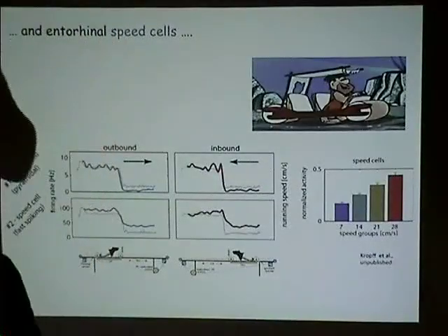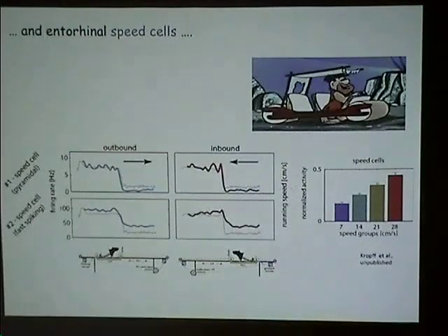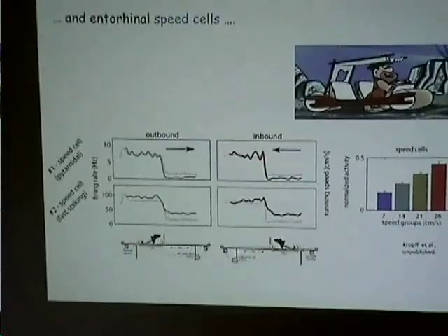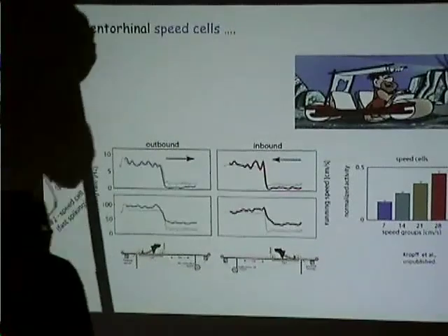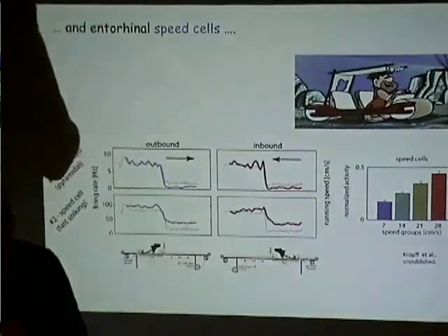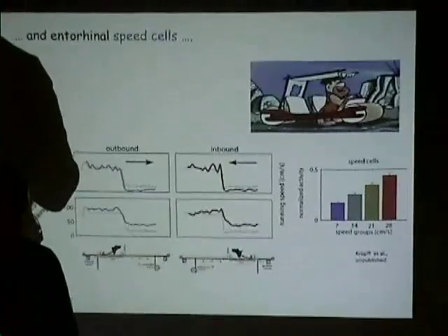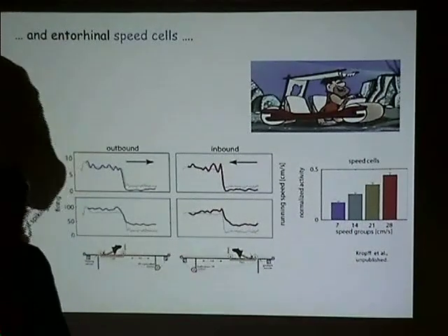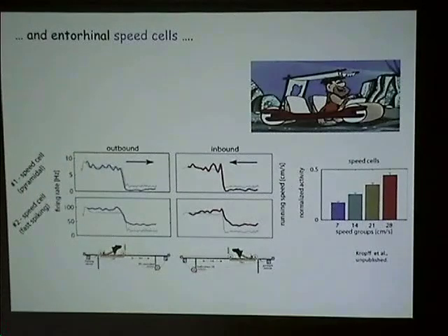Finally, there are the speed cells, which I mentioned yesterday, which also are intermingled, at least if you consider several layers among these cells. So all of these may possibly project to the hippocampus. Whether they do is not an obvious question, because not all layer 2 cells of the entorhinal cortex project to the hippocampus.